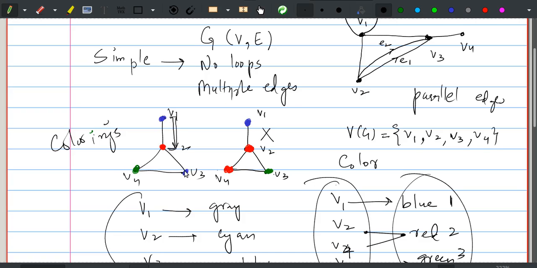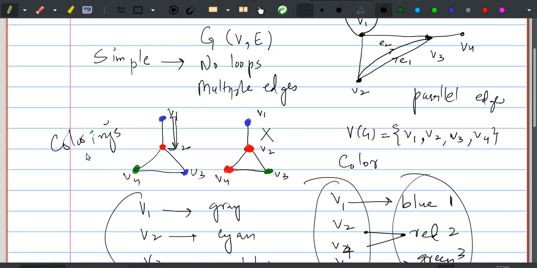Obviously we can use blue here, because V3 is not adjacent to V1, but it is adjacent to V2, so we cannot use red here. Now it remains vertex V4. Of course V4 is not adjacent to V1, so we could use blue, but at the same time V4 is adjacent to V3, which makes us use a color different from red and blue, so we are forced to choose another color. So these three colors are the minimum number of colors to paint these vertices.